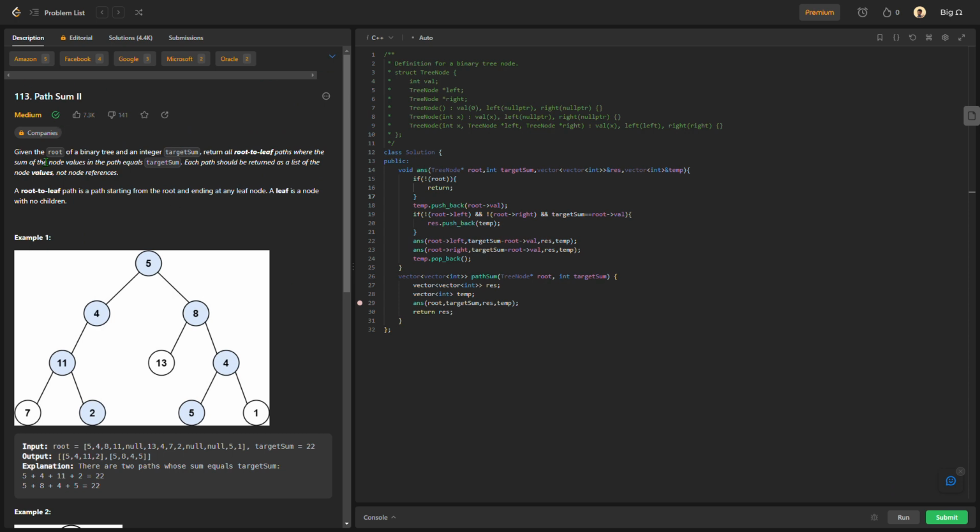And the second most important thing is that we learned about binary tree traversal recursively in this question.